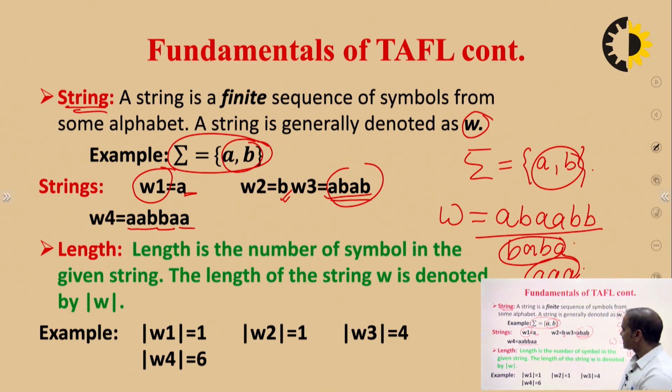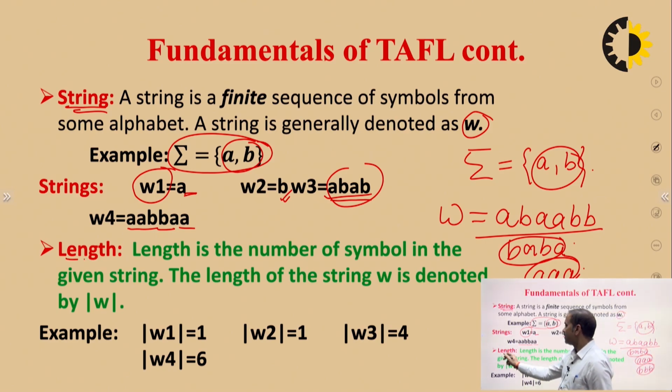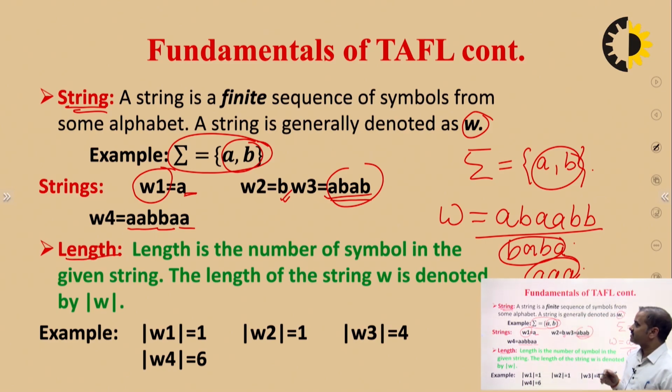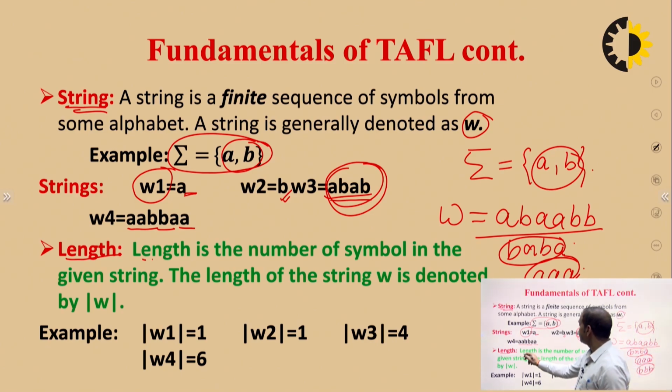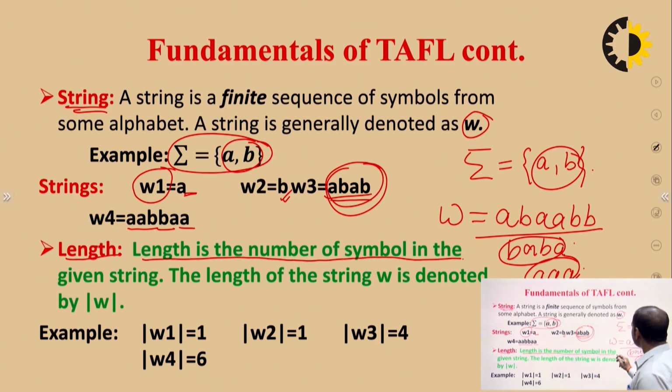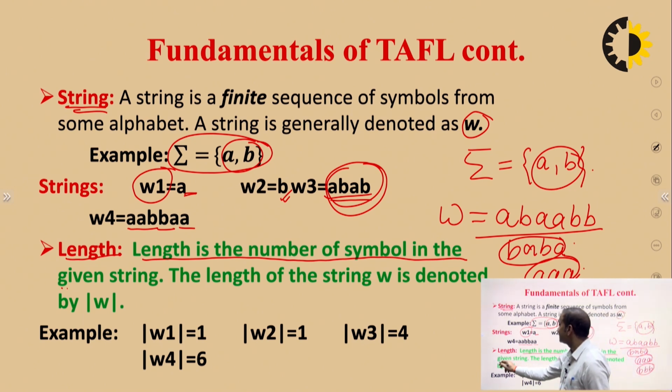Now, the next one is length. We define length on the basis of a string. A string is a sequence of symbols, and the length is the number of symbols in the given string.